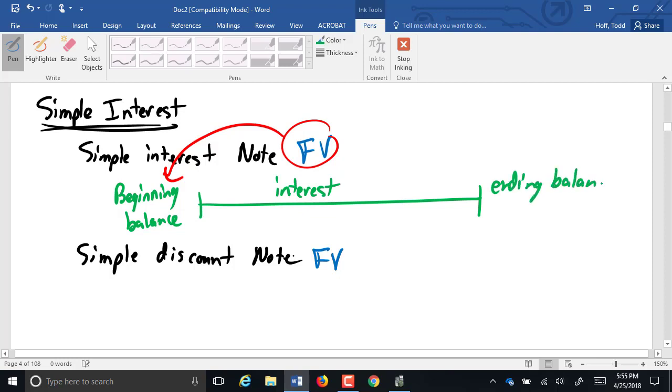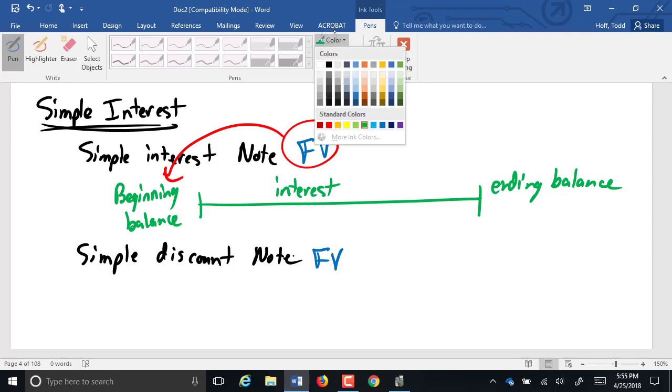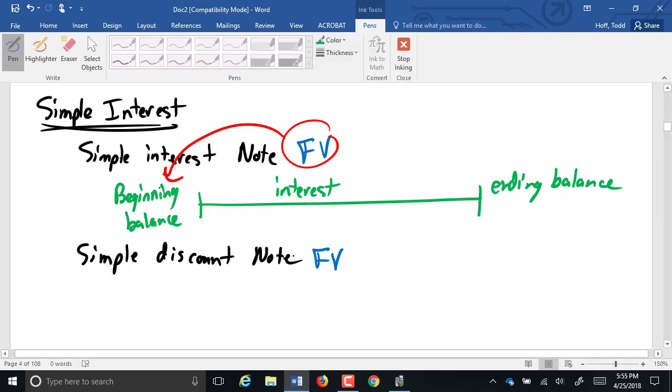For the simple interest note, it's that beginning balance, the principal, that principal plus the interest equals that maturity value, which is the ending balance.